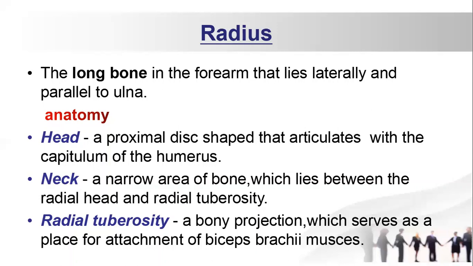As you touch the anterior aspect of your upper arm, you can palpate the biceps brachii muscle. Remember it is attached to the radial tuberosity, which is found on the proximal aspect of the radius.